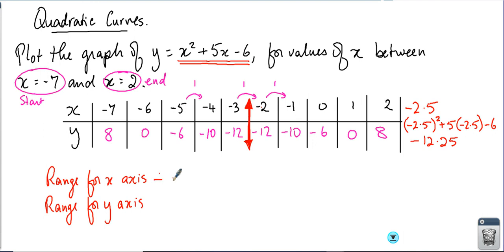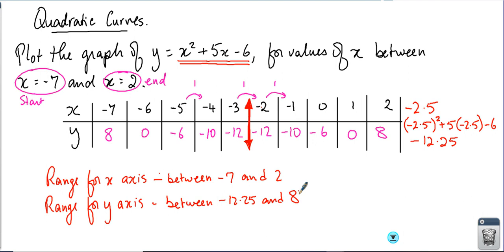The range for the y-axis is between minus 12.25, which is the smallest value, and 8, the largest value. It's very important to know the range, because otherwise your graph won't be correct and won't be accurate.